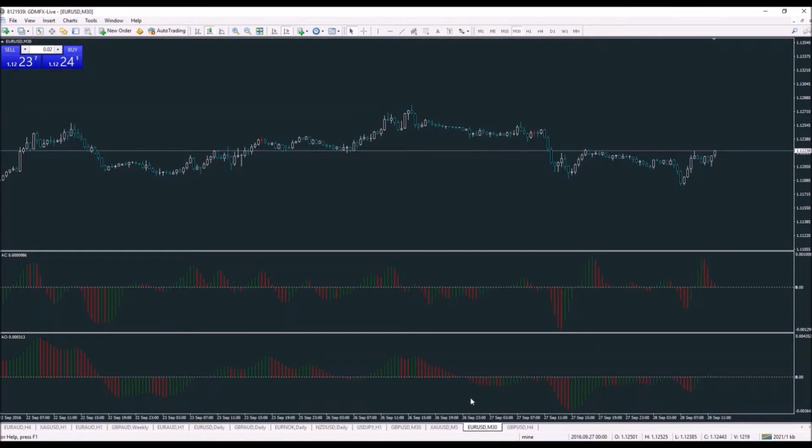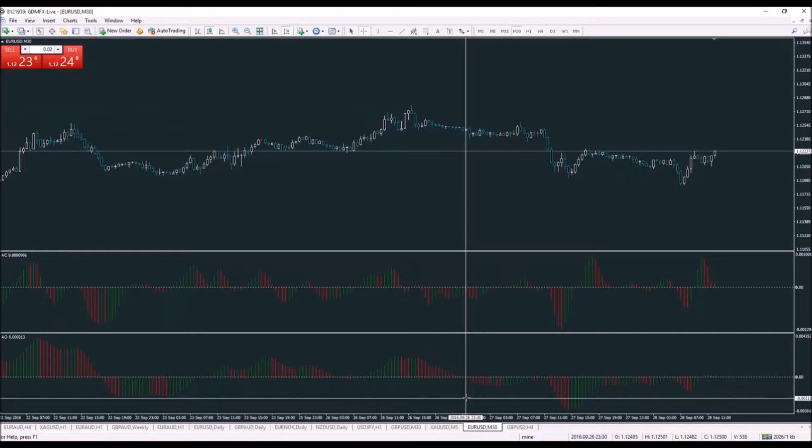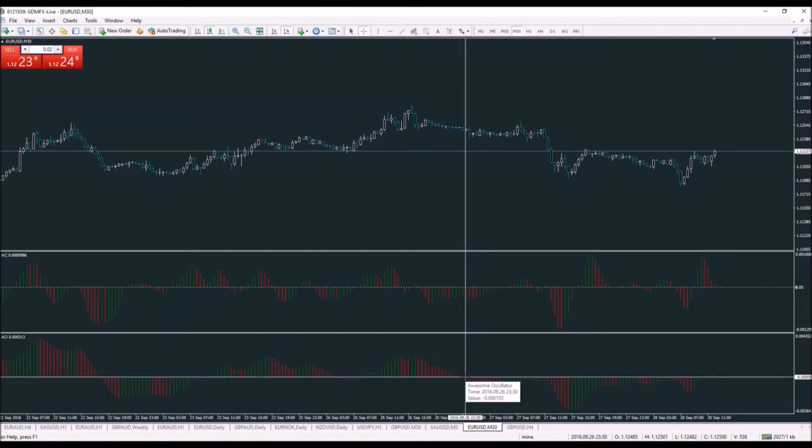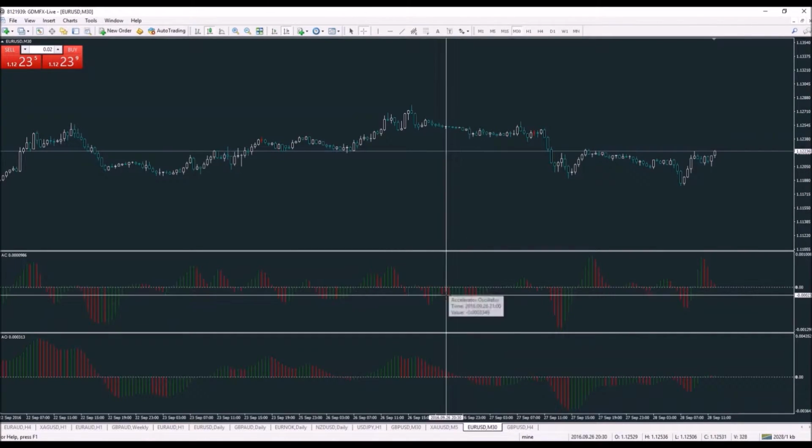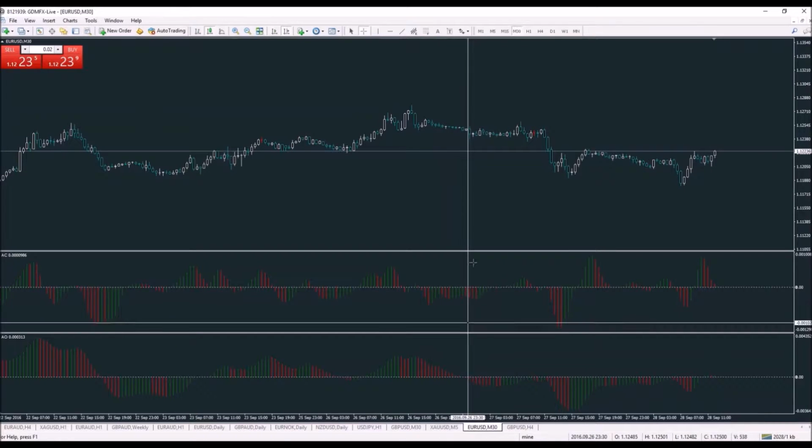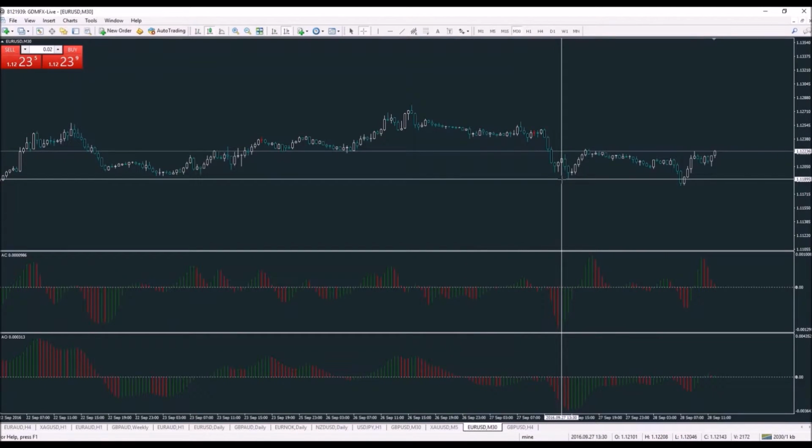As I mentioned earlier, of course, there are a lot of opportunities there. You will notice when you start backtesting this system, or just trade with it as it is, that you can take that crossing here, and we already know that the AC is in negative territory, to short an instrument.